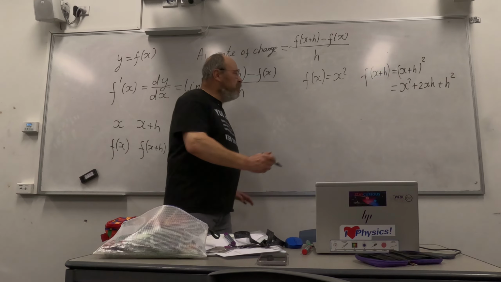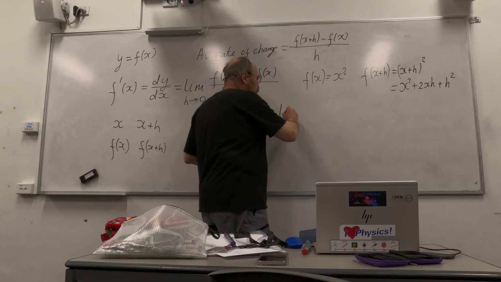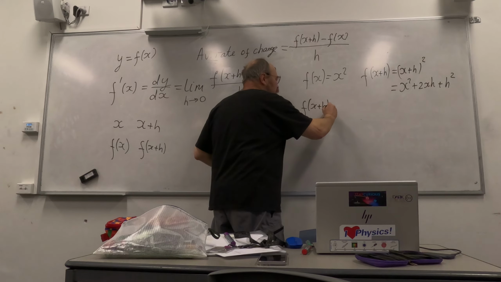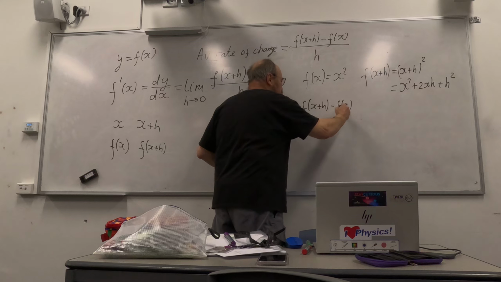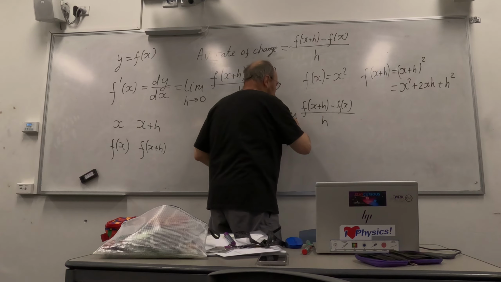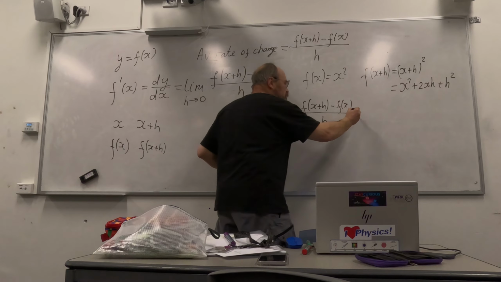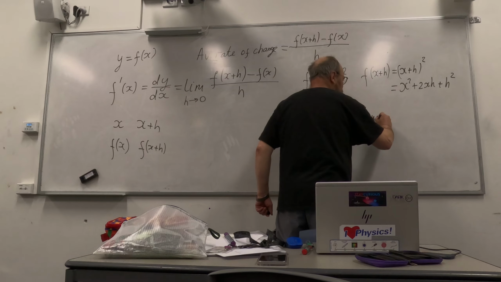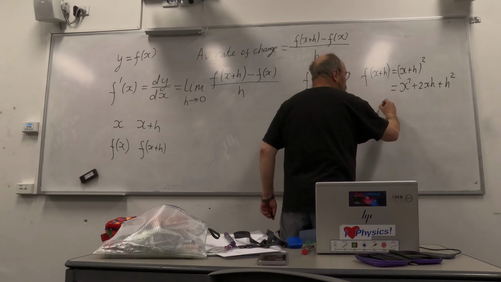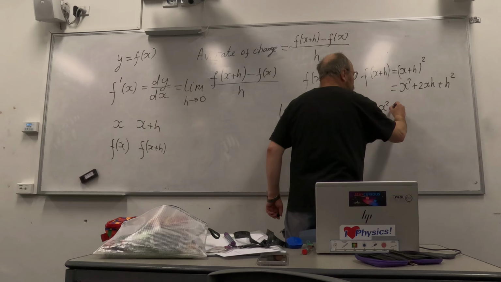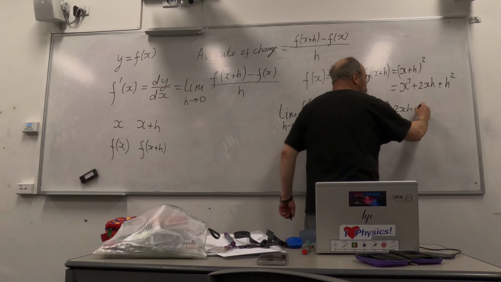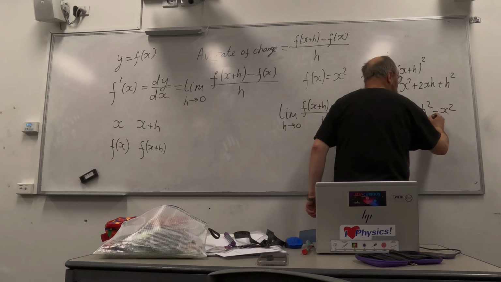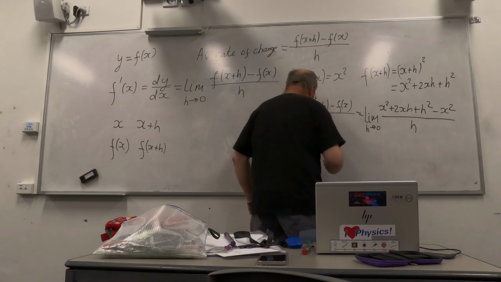Now let's find the limit of f of x plus h minus f of x, divided by h, when h approaches 0. We have the limit as h approaches 0 of x squared plus 2xh plus h squared minus x squared, divided by h.